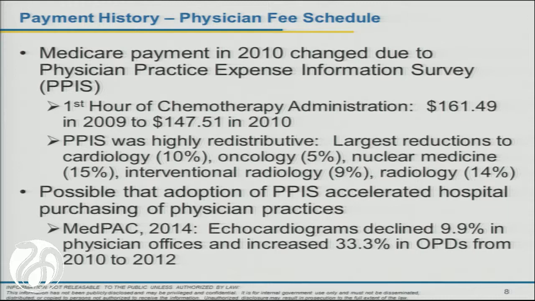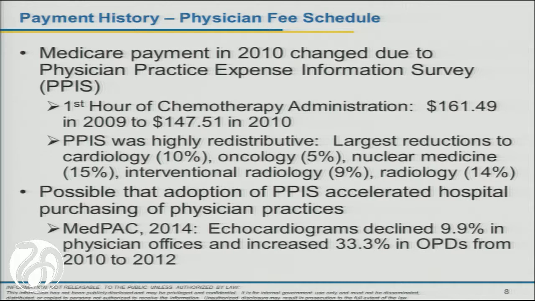And then over time, there has been an evolution in the payment, which I think has largely caused it to come down, and it does for particular reasons. So as the first sub-bullet shows here, the first hour of chemotherapy administration went from about $161.50 in 2009 to about $147 in 2010.